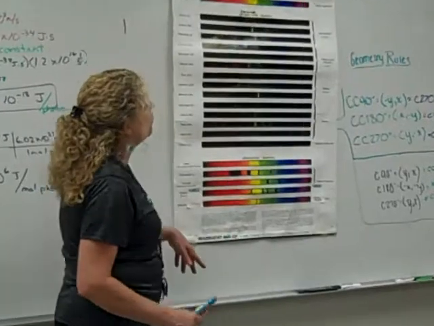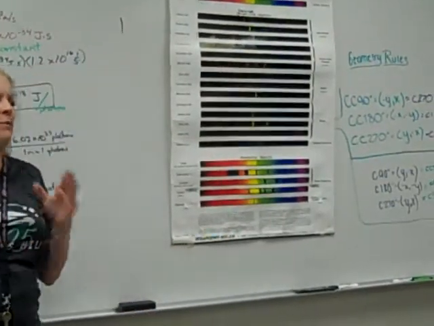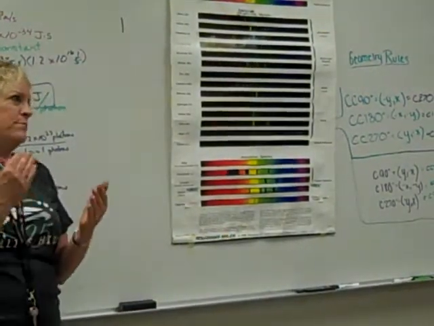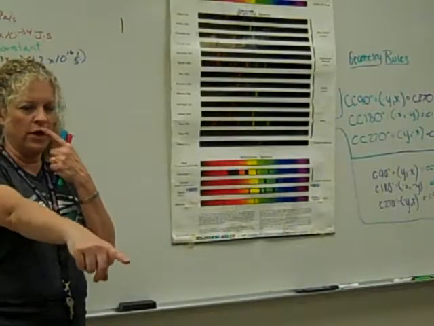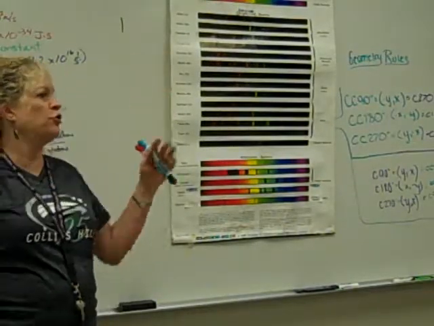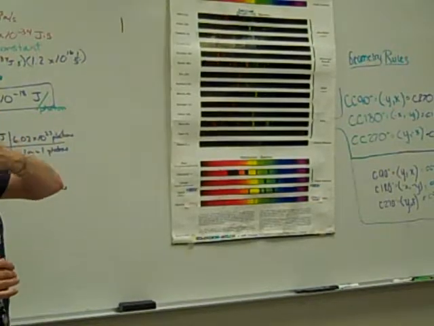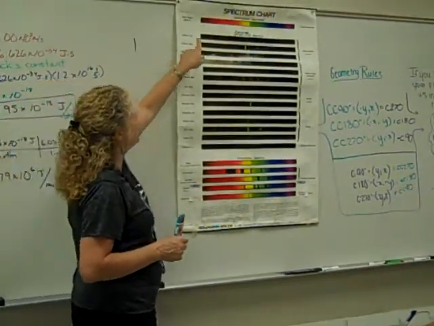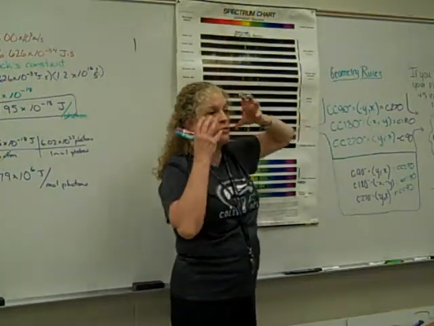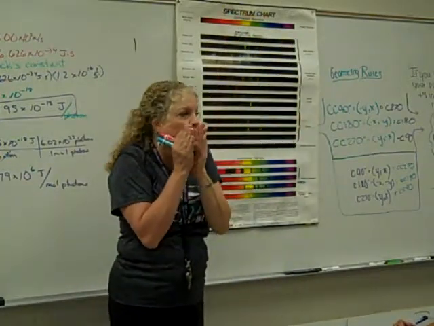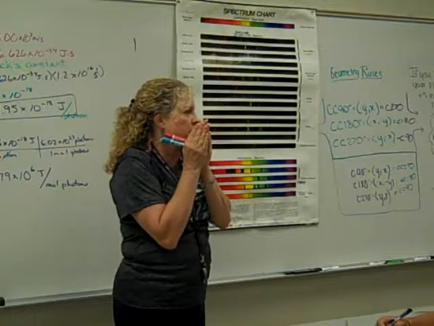Okay, so what I want you to see is, I just want you to have a frame of reference. You do not have to memorize that electromagnetic chart in your book, okay? Colored light, our visible spectrum, is a very, very, very small part of the electromagnetic spectrum.